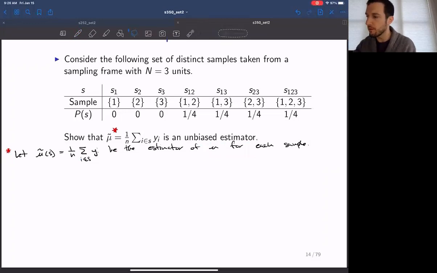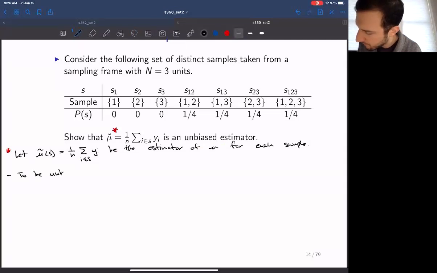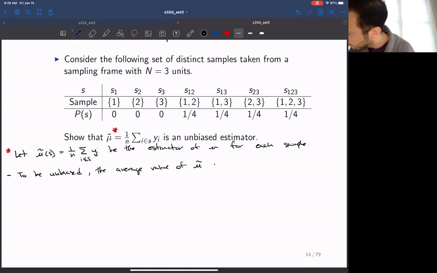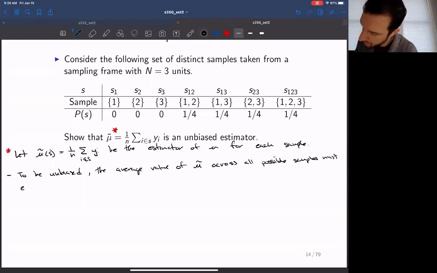Now, from our previous discussion, we know that to be unbiased, the average value of mu tilde across all possible samples must equal mu.